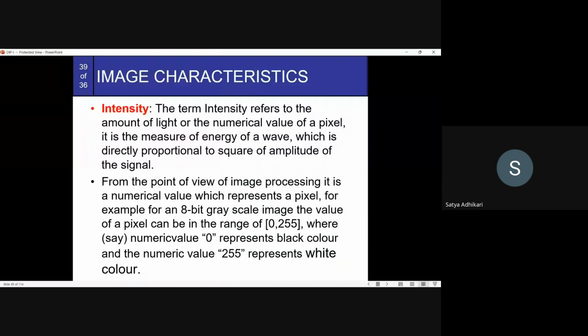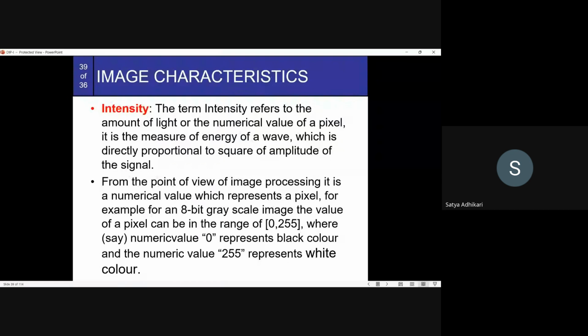So after resolution, the second characteristic, or second term, which is associated with the image component is intensity. The term intensity refers to the amount of light or the numerical value of a pixel. We have already discussed the intensity value, gray level values, simply called color values, but it is the intensity value.